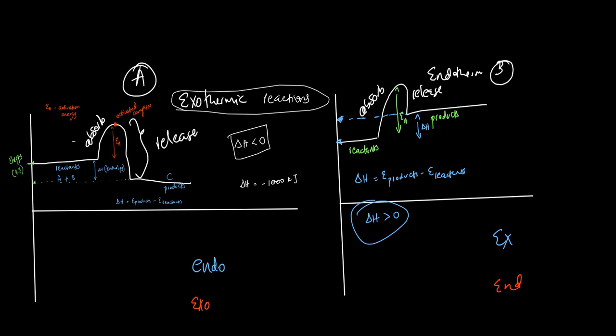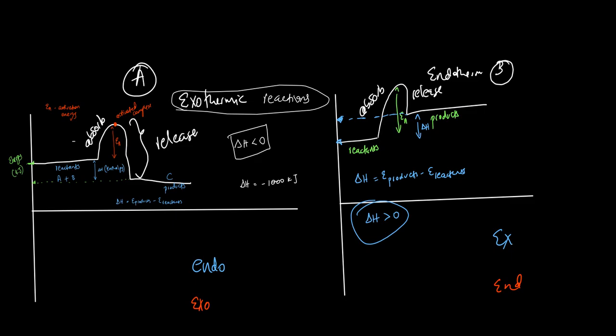And then our activation energy, please remember that activation energy is the energy between the activated complex and reactants. So you can say the activated complex minus the reactants. Let me write it here.